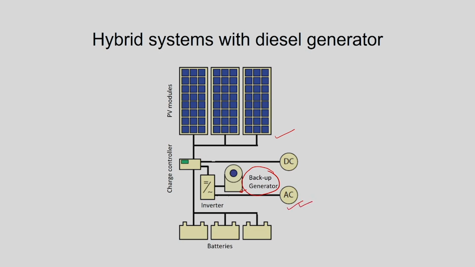So, primarily we have understood that there are components like solar PV, which converts sunlight to electrical energy, and we need a charge controller to protect the batteries from overcharging. If we have an AC load, then of course we need an inverter to convert direct current to alternating current, and sometimes there are loads where we need only DC current. Under those conditions we do not need an inverter.